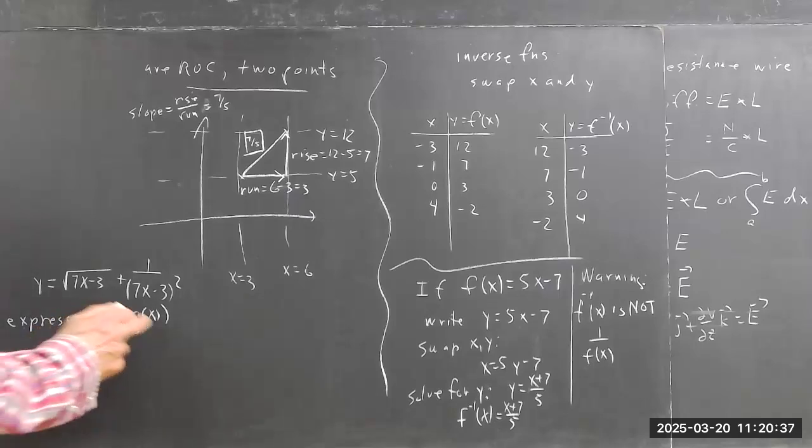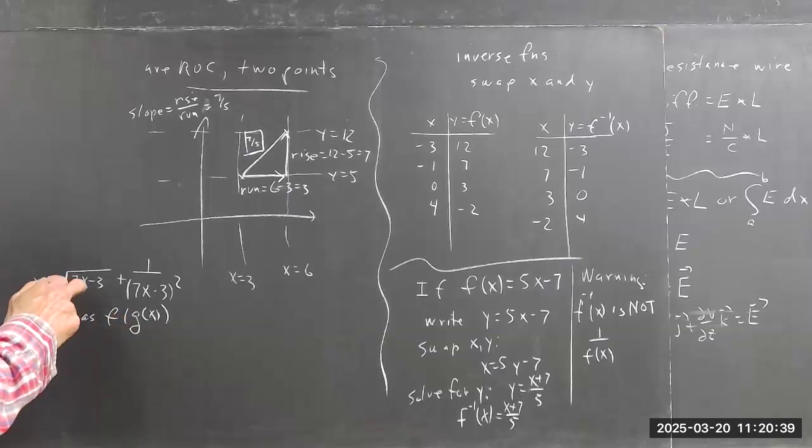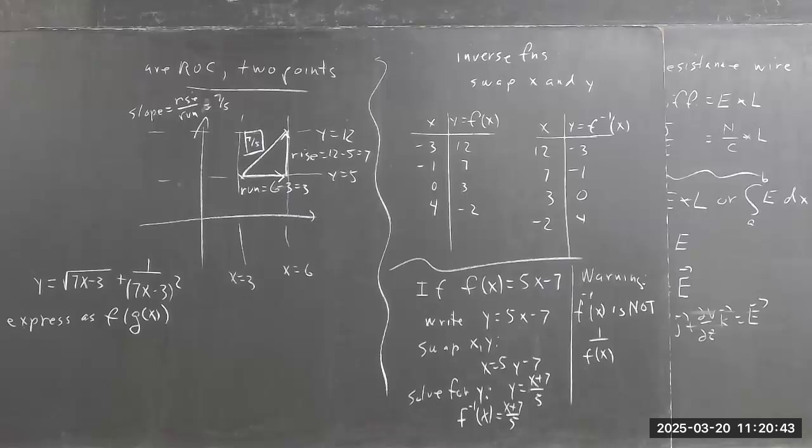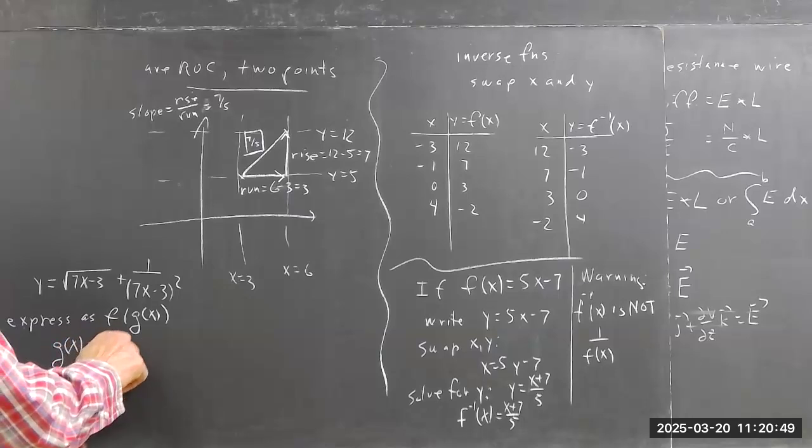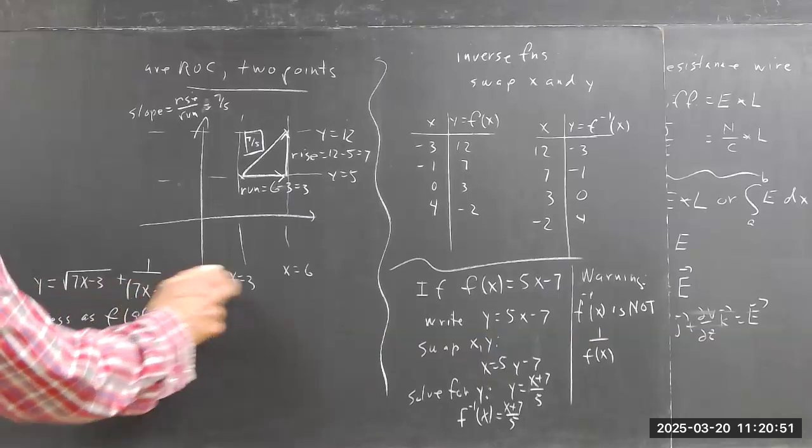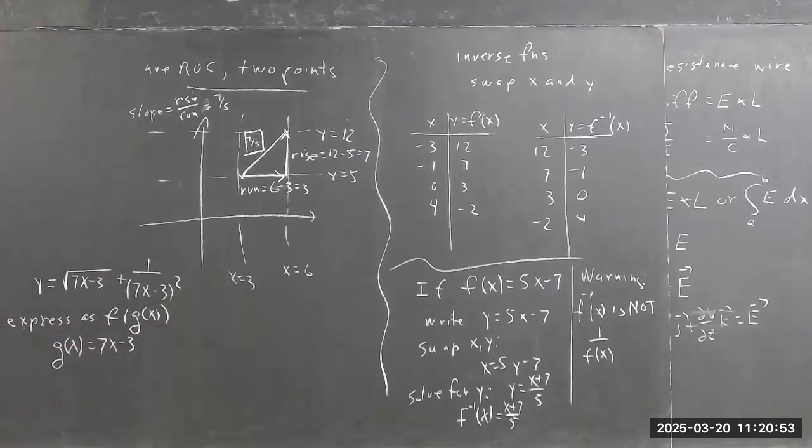Well, g of x is a thing you see a couple of times here. It's going to be 7x minus 3. Right? If you see the same expression several times in a composite function, it means that's probably your g of x function, because that's the first thing you do to x. Okay?